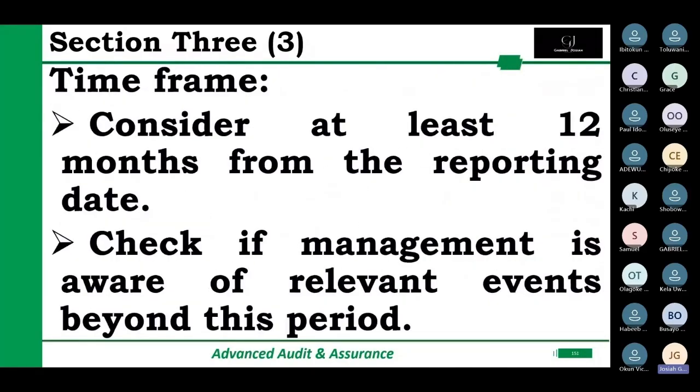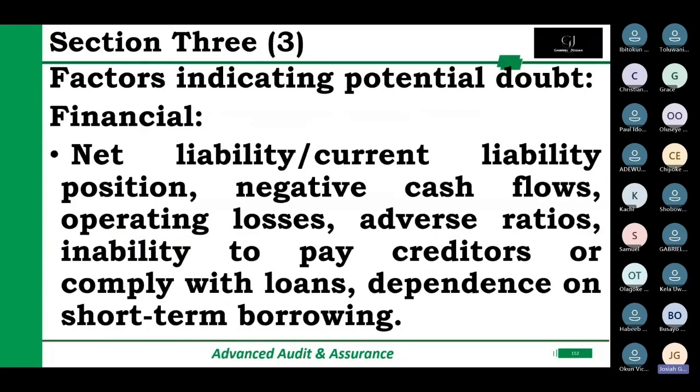This is very key. So factors indicating potential doubt could be financial factors. For example, net liability, current liability position, negative cash flow issues around operating, investing and financing activities, operational losses, net losses, adverse ratios and results, inability to pay creditors or comply with loans or their repayments, dependence on short-term borrowing to pay salaries or some other short-term obligations.